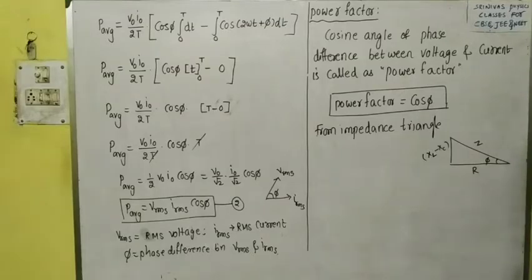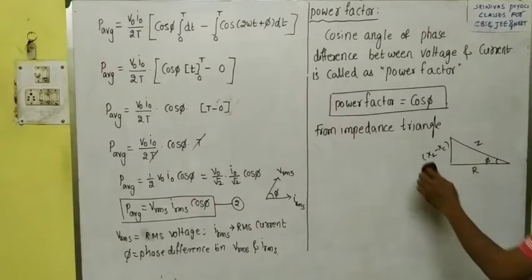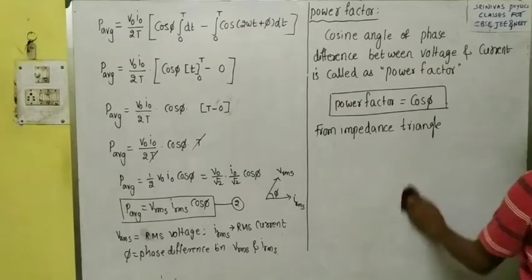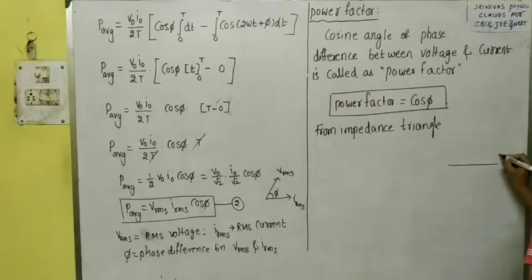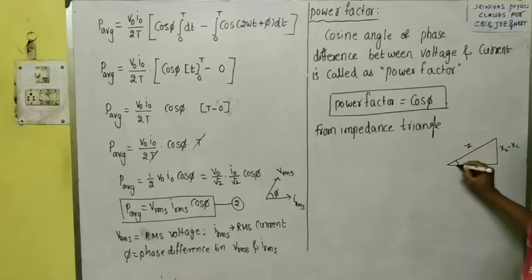Or otherwise you can take it like this also, there is no problem, no change. This has XL minus XC, this is R, this is Z, and this is phi.